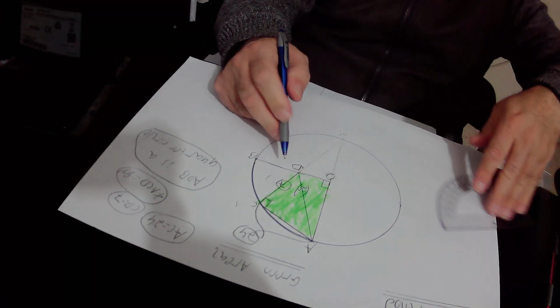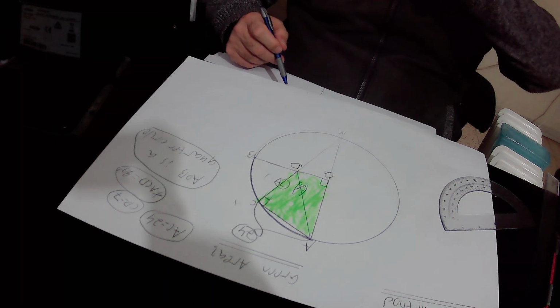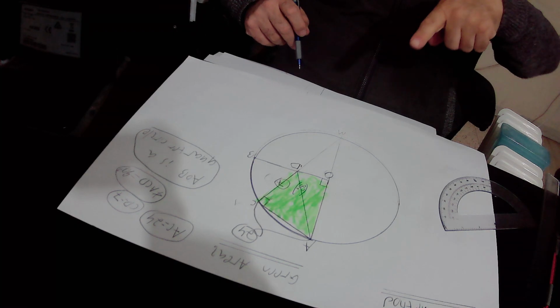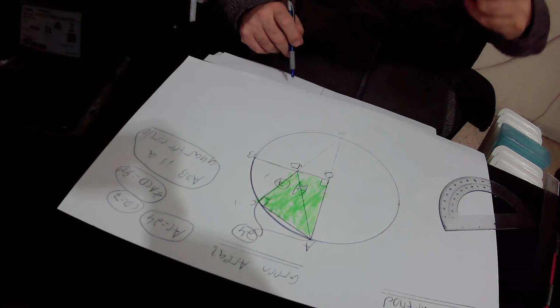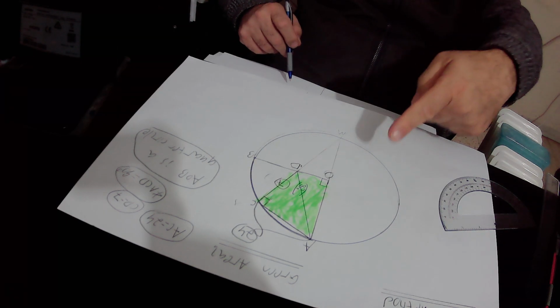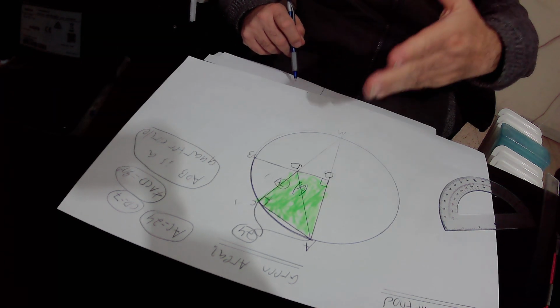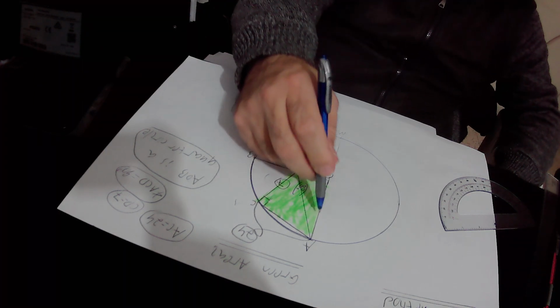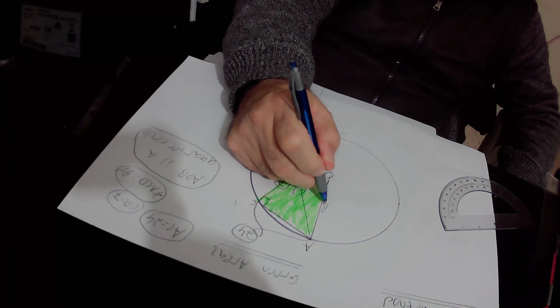So we completed this quarter circle to a circle. Point O is the center of the circle, point A is a point on the circle itself. Therefore OA is the radius of this circle. We will define the radius of this circle as R, therefore OA must be equal to R.